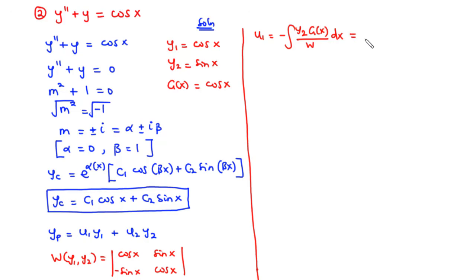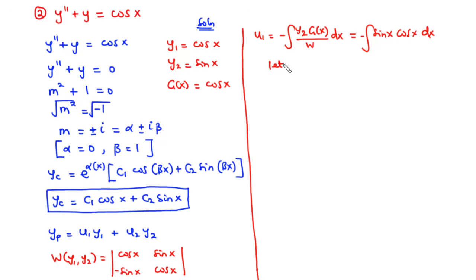So that is equal to negative the integral of, we have y2 as sin x, and g of x to be cos x, divided by 1. Okay, so it's actually the same thing, and then dx. Now to integrate this function we are going to use u substitution.